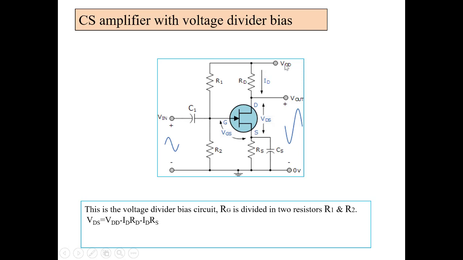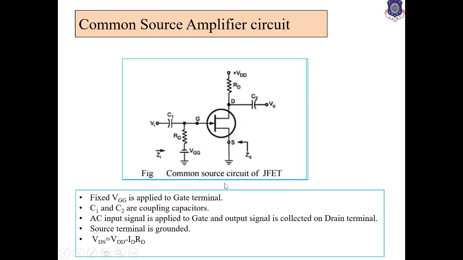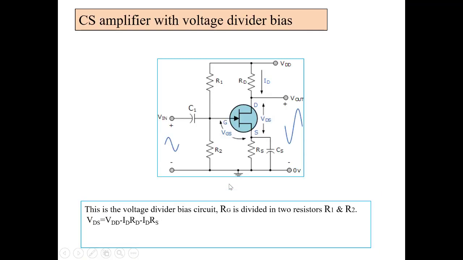One current flows from this bias plus VDD, and the current is known as ID from top to bottom. So the same equation written in the previous circuit is VDD minus IDRD minus VDS equal to 0 in the absence of RS. Here we had not connected the source resistance, but in voltage divider bias we have connected the source resistance, right?